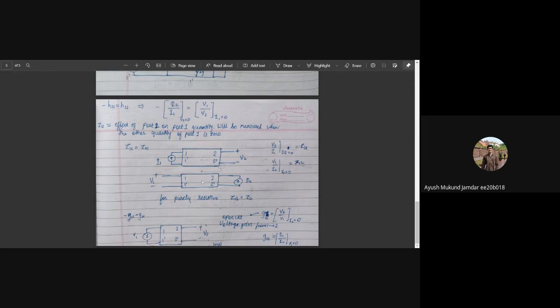If this is a purely resistive network, these quantities will be equal, and when we have the ratios of V1, V2, I1, I2 in these two cases, we can find an unknown parameter when the other three are known. This may make circuit analysis simpler, not every time. It may make it easier in certain cases, and this can be understood by practice, by trying to see which parameter set reciprocity can actually simplify the circuit rather than making it complicated.